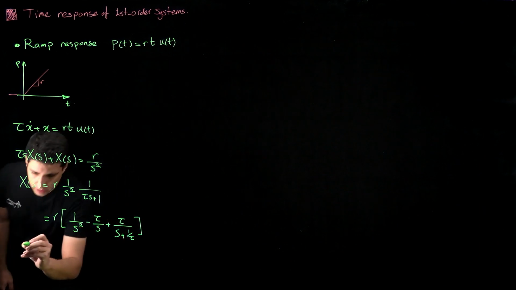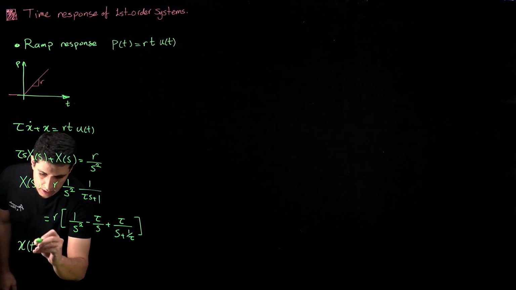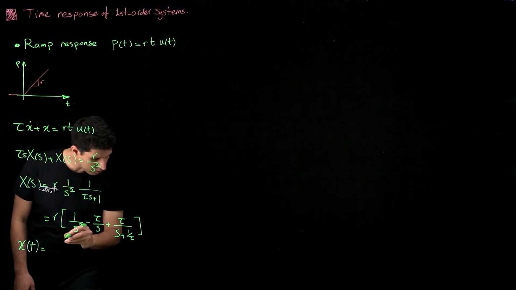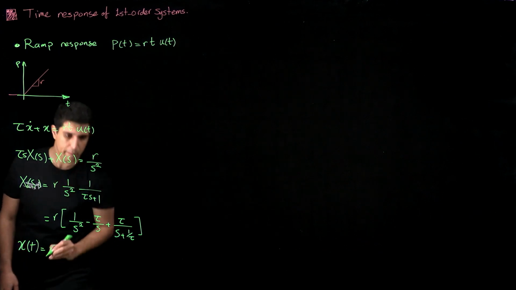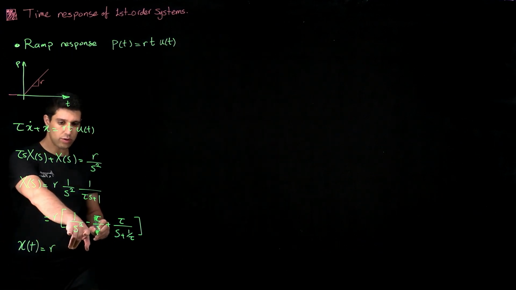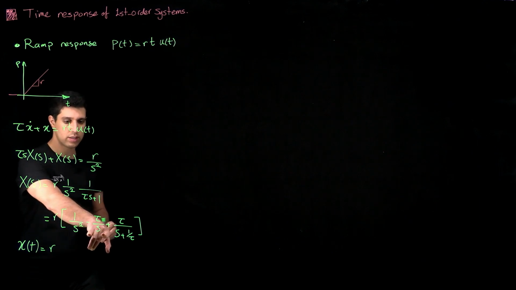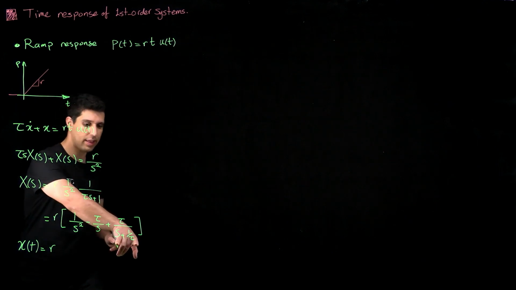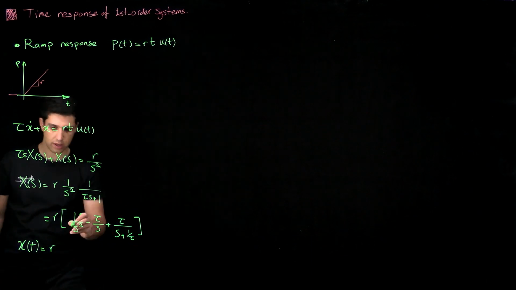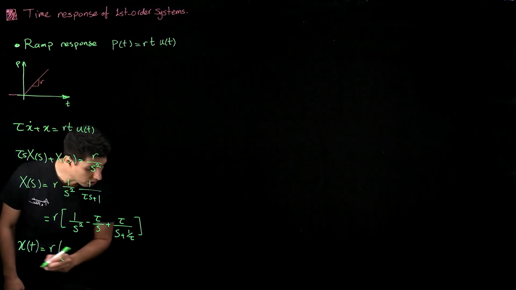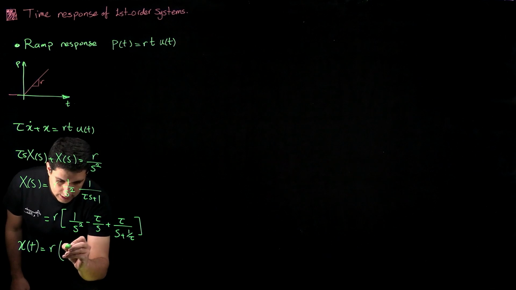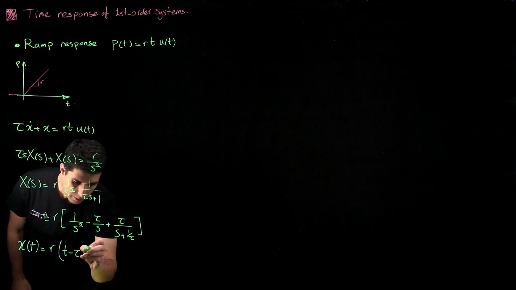And this one has the corresponding time domain function of r. So this is going to be a t. This one is 1, and that one is an exponential function. So I'll have r times t minus tau.